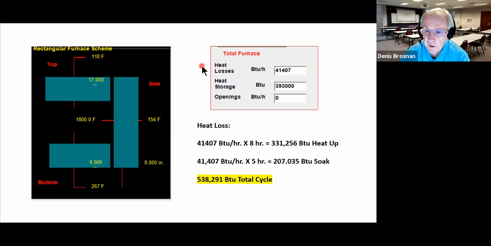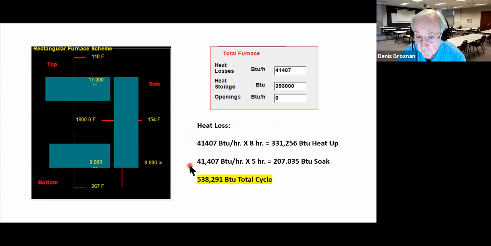So we've magnified the furnace heat losses, 41,407, using 1800 degrees Fahrenheit, times 8 hours. So you can see that I get about 0.33 million BTUs necessary for heat up, and heat losses, 331,256.